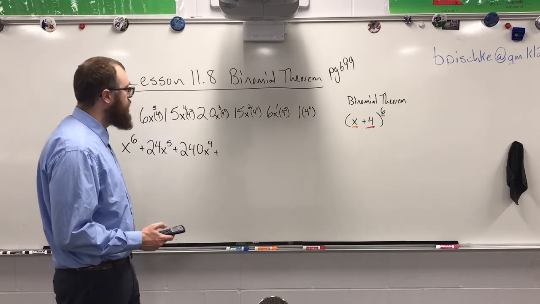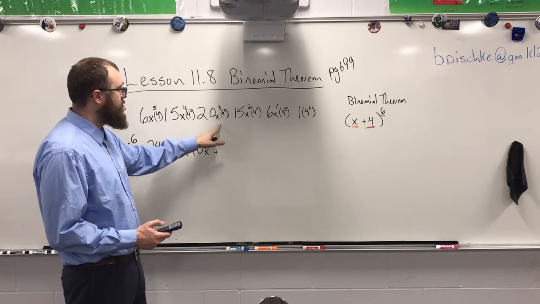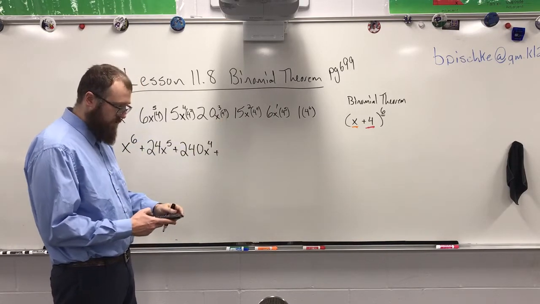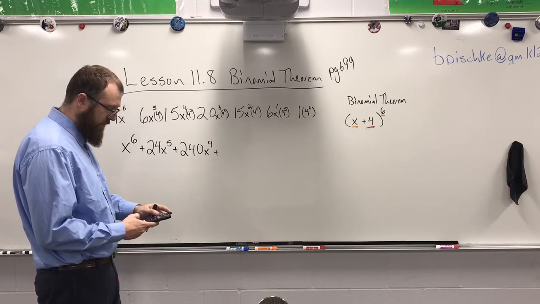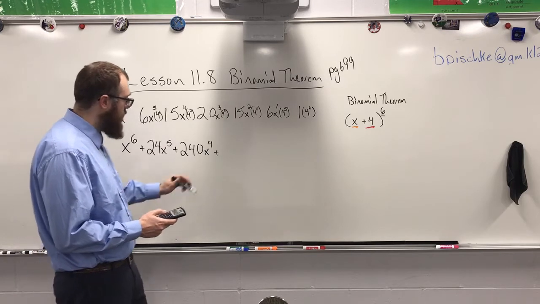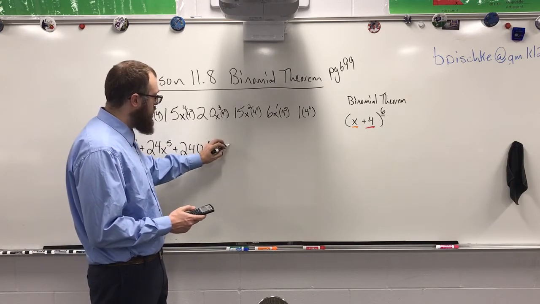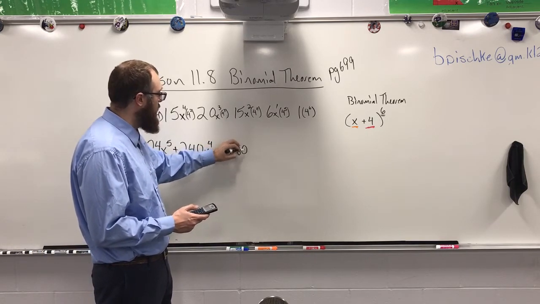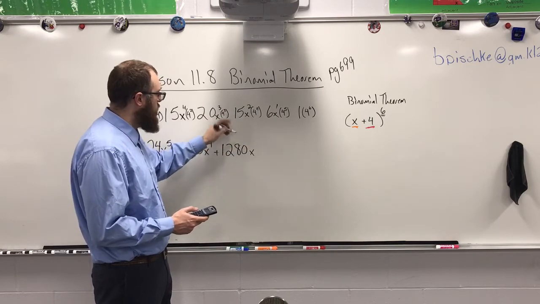Plus. My next term says 20x to the 3rd times 4 to the 3rd. Well, 4 to the 3rd is 64. I'm going to multiply that by the 20 that's already out front, and I get 1,280x to the 3rd.